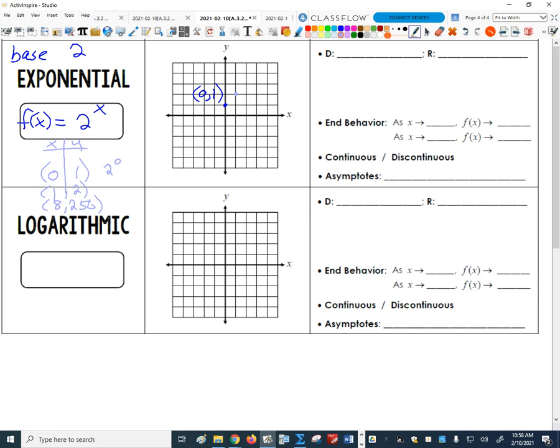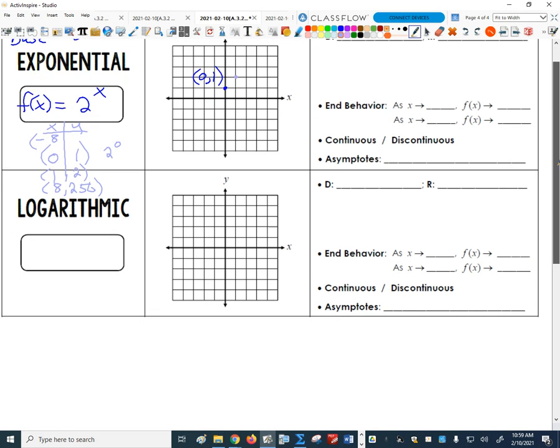Well, what if I take a negative number? Like what if I do negative 8? Then the output is 2 to the negative 8. Does anybody remember this property?